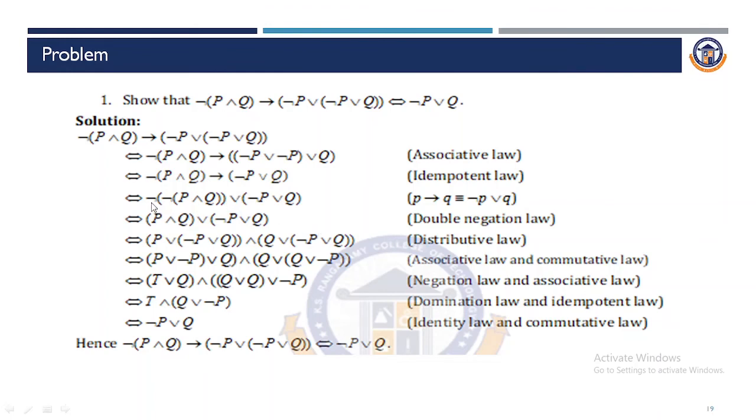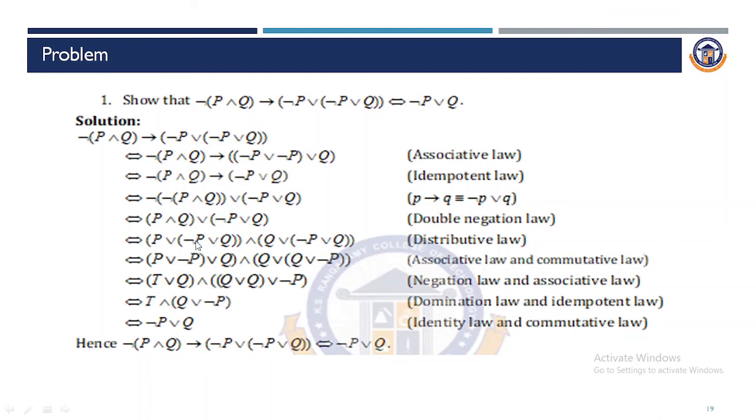Next step, negation is cancelled. We get P and Q or negation P or Q. Right. Using distributive law: P or negation P or Q, and Q or negation P or Q.